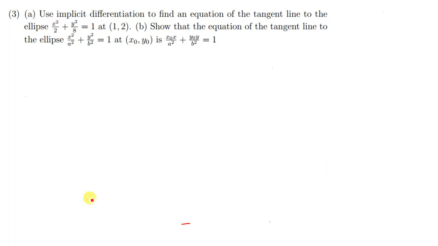So we have this question, part B. We also do the same procedure that we took when finding the tangent line to the first one. It's the same procedure that we're going to take here.